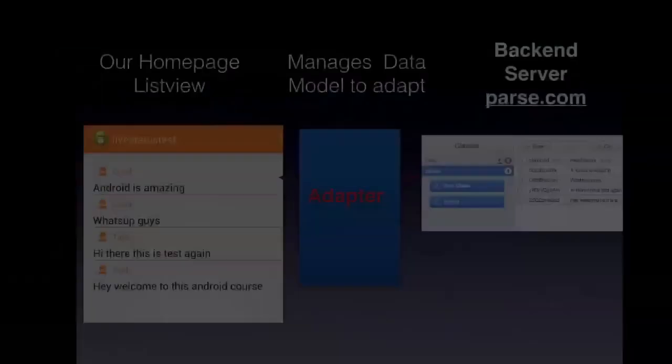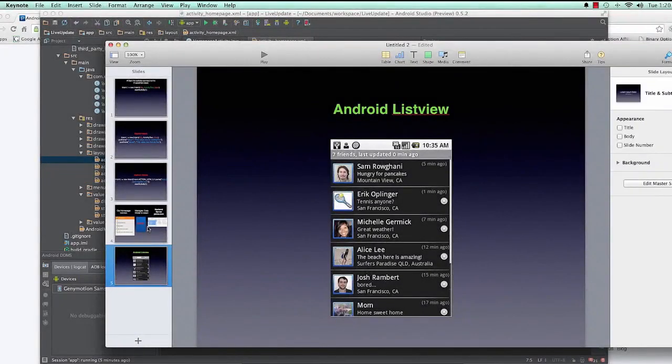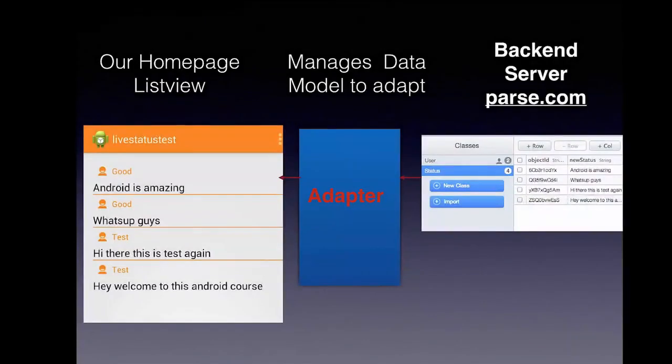As you can see here, we have an adapter, and we have data from Parse, and we have our list view. So we're going to create an adapter class that is going to adapt data from Parse, or objects, and adapt them into our list view. For example, as you can see here, these are objects in Parse.